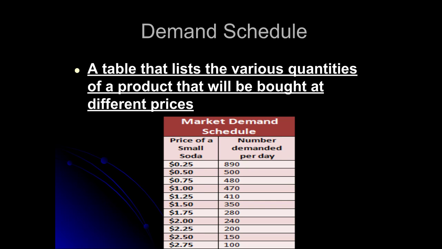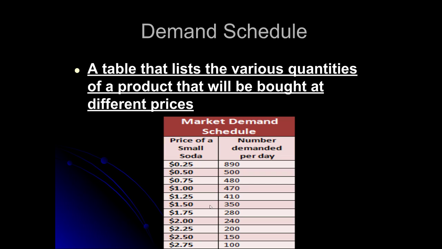So a demand schedule is a table that lists the various quantities of product that will be bought at different prices. So for example, on our chart here, if you're going to sell a small soda for 25 cents, we could expect 890 people would be willing to buy it, or they'd have a demand for it. 50 cents each, 500 people.